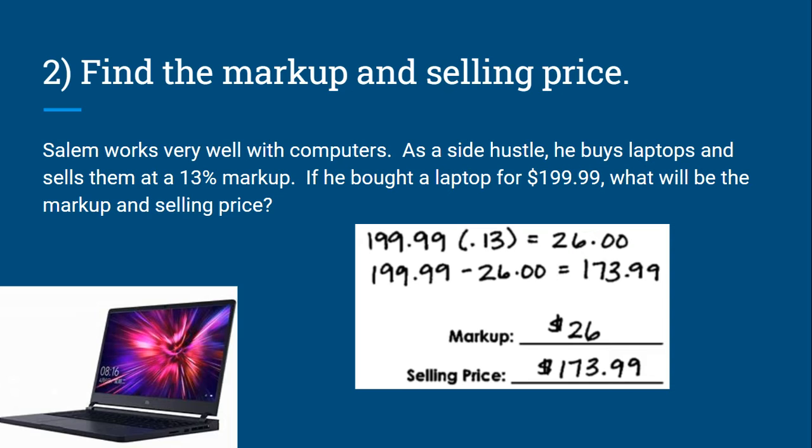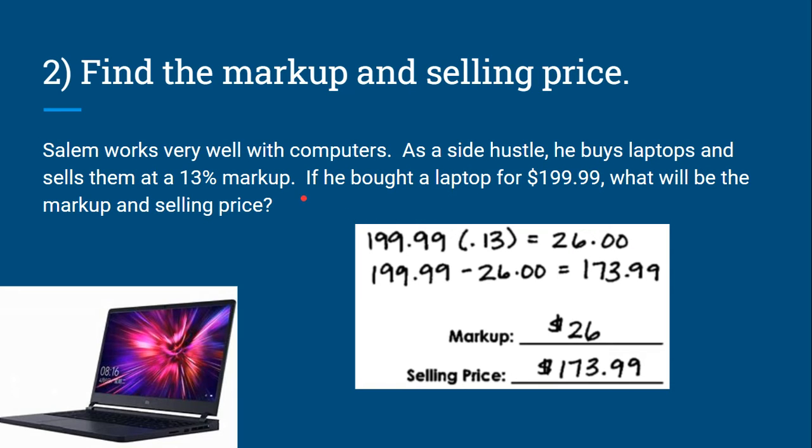So now we're going to use the same strategy as before to do this problem. The same strategy is we first have to discover what percent of the original number is going to be. What I'm saying is Salem bought the laptop for $199.99, but he's not going to sell it for that amount.